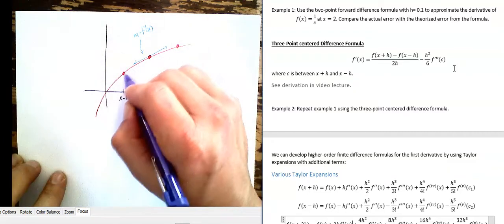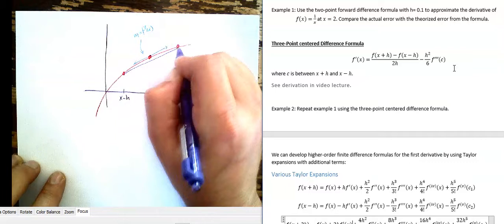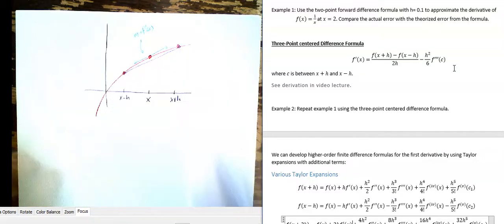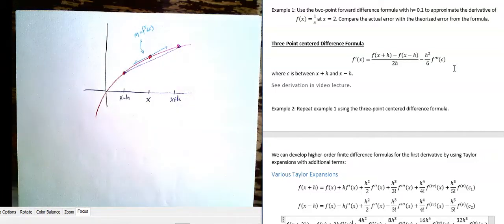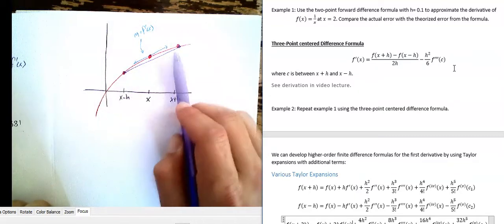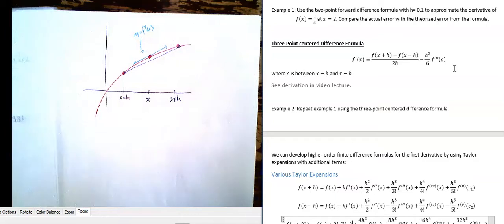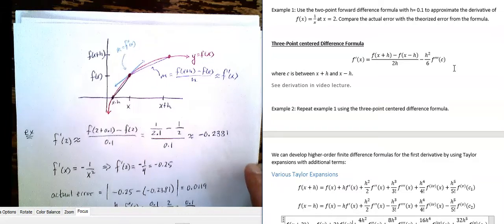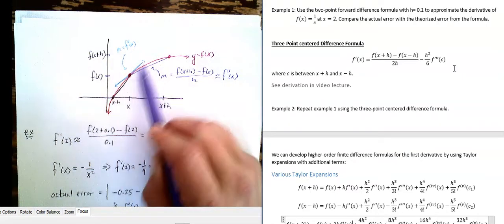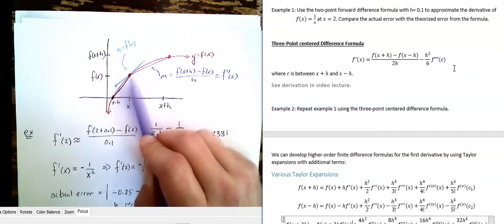So you can see, just by comparing it to the last one, you can see that this is a bit of a better way to do things, right? So these 2 lines are nearly parallel to each other. So that's actually a better approximation than what we had last time, right? Because if you notice here, these are not quite parallel to each other, right?